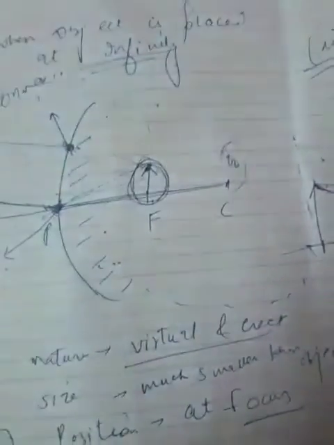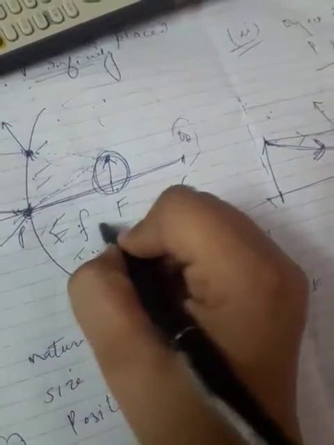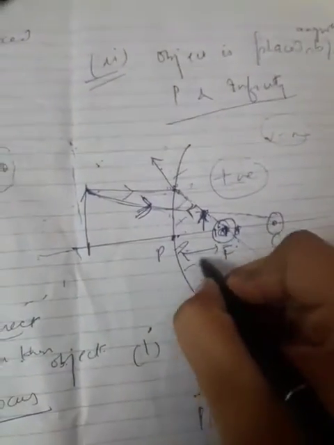See, focal length is also on this side. Focal length is the distance between P and F. This also lies on this side, so it is also positive, because we considered this side positive and this side negative.